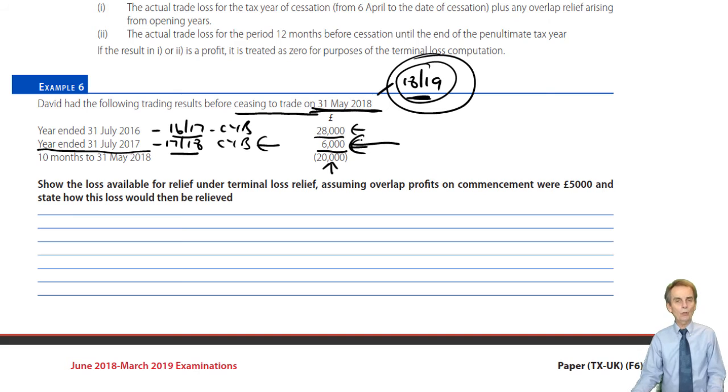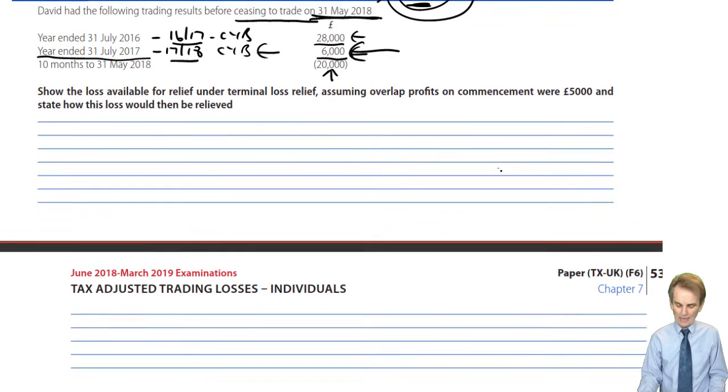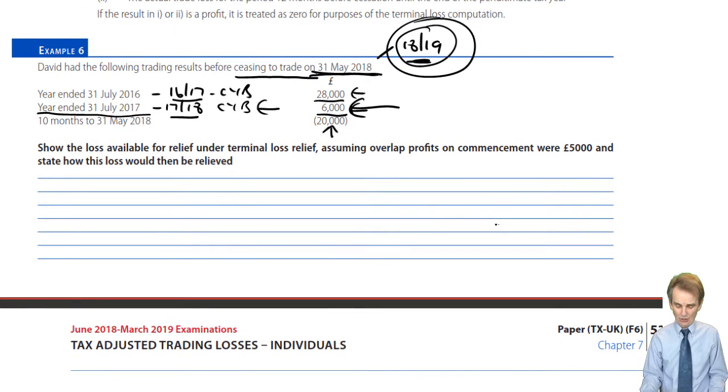And what we'll do is to then set those assessments up on a working page, again looking at it on a columnar basis. So the final tax year was 18-19, we can go back as far as 16-17, so 3 tax years here for which we have information, 16-17, 17-18, 18-19.